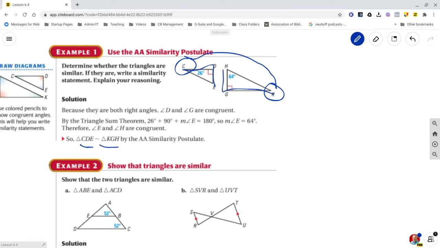So that would be a similarity statement for these two triangles. We do not have to start with C and K, but again, the order of the vertices is critical because it tells us which sides will correspond to each other.